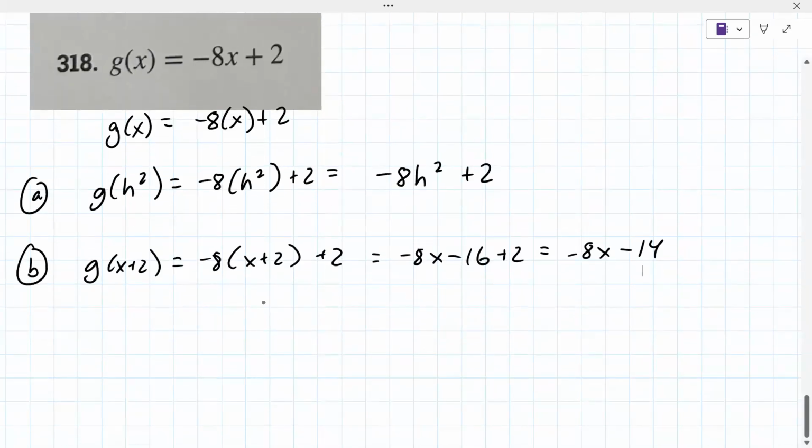And then part C is the most complicated. It's saying take g of x and add to it g of 2.